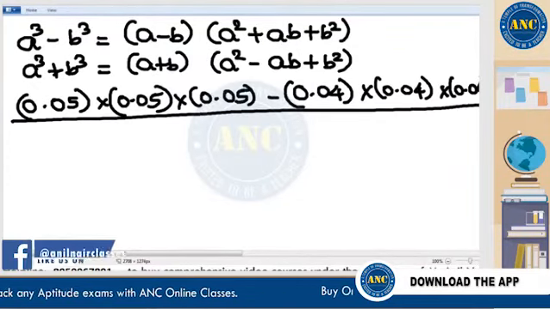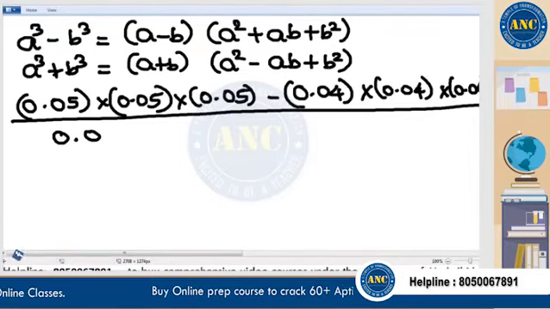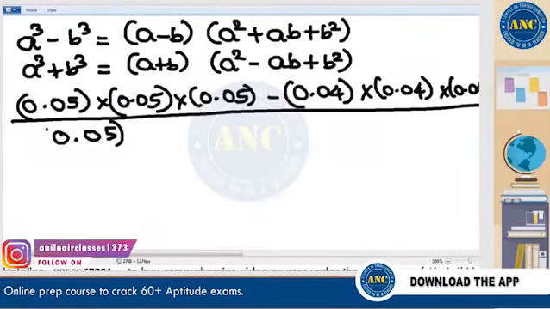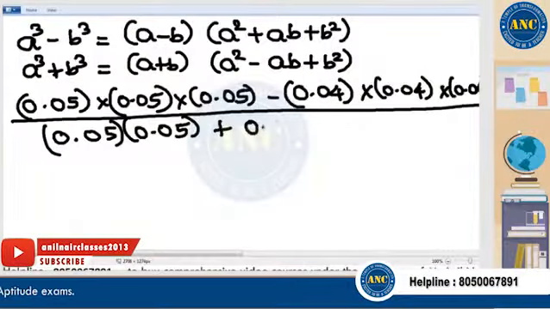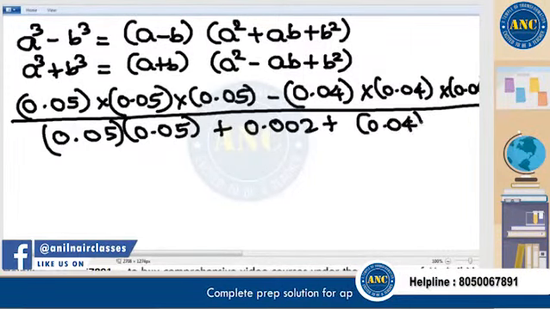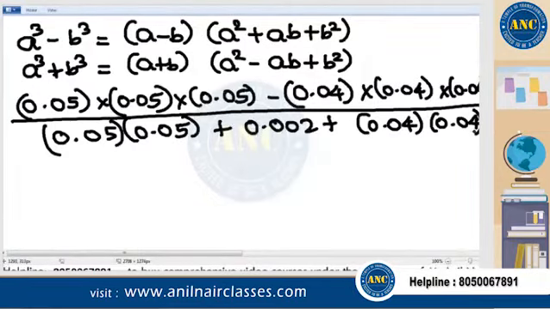The whole thing is divided by 0.05 into 0.05 plus 0.002 plus 0.04 into 0.04. I believe that you are able to understand the question. I need to find the value of this expression.